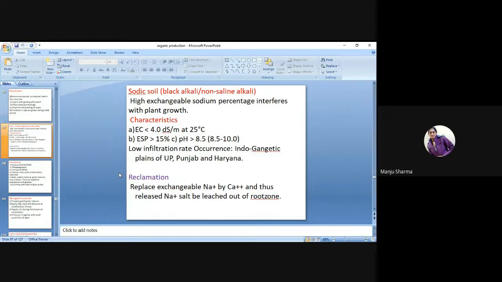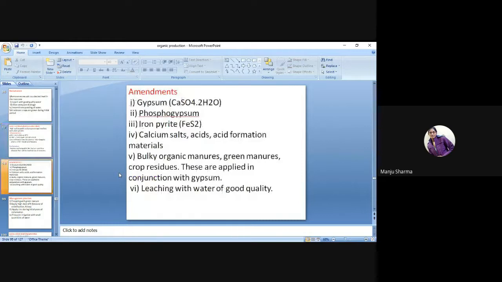Their reclamation: replace exchangeable sodium by calcium, and thus the released sodium salt is leached out of the root zone. After that, what are the amendments?